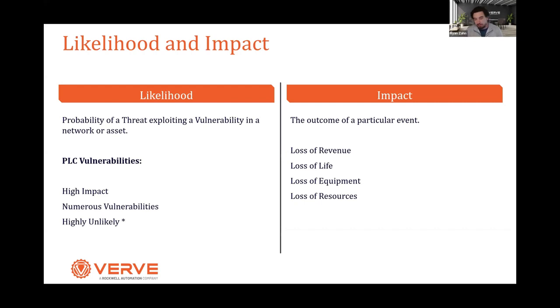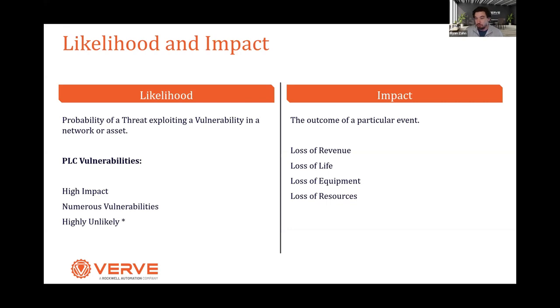Well, when you start looking at likelihood from that methodology or that context, a lot of people will harp on, hey, we have these controllers that have these very critical vulnerabilities. However, if your network is designed properly, or at least you've done some methodology of segmentation, the likelihood is very low that an attack will occur directly to a PLC or controller.